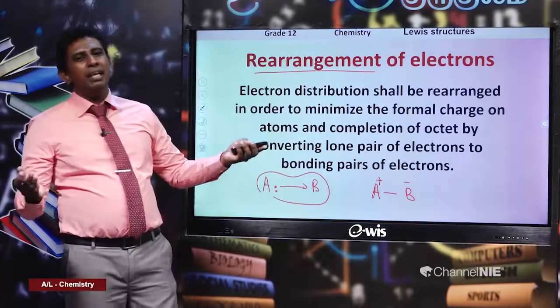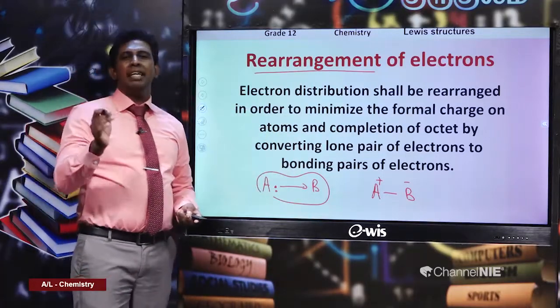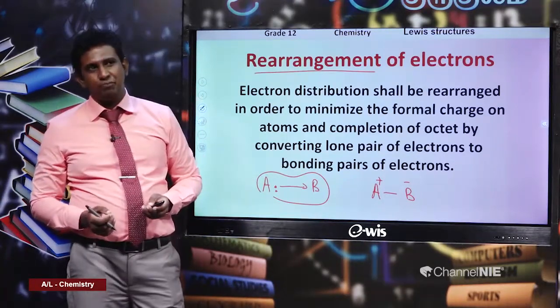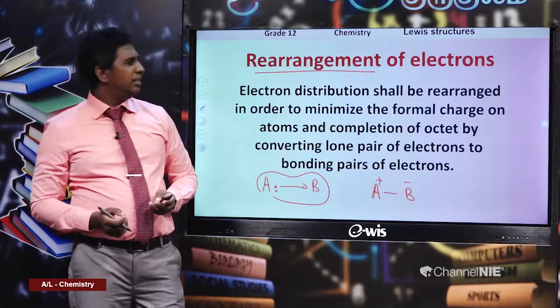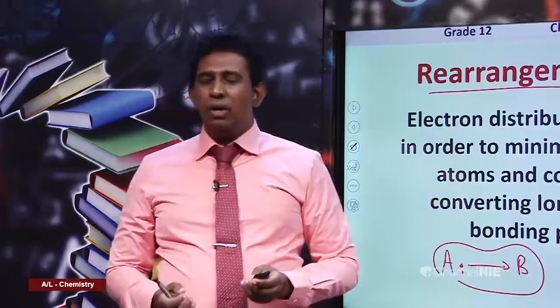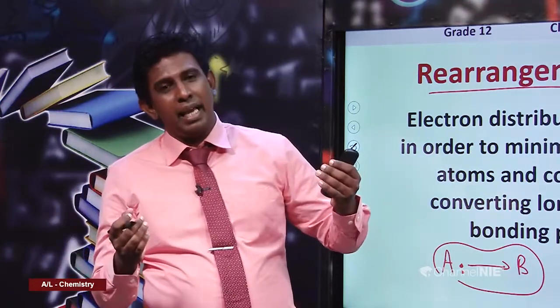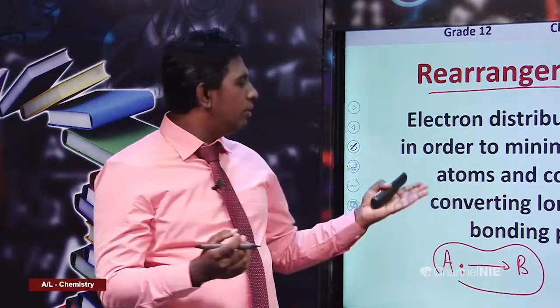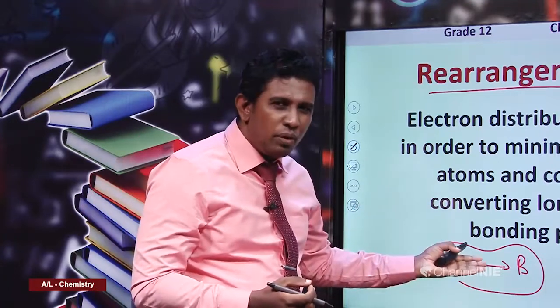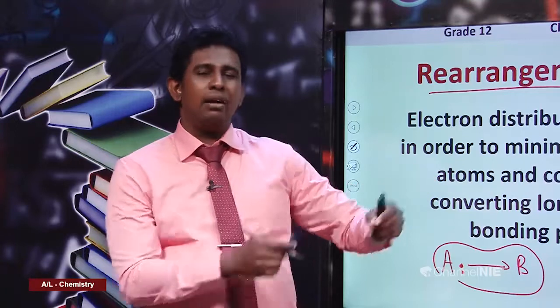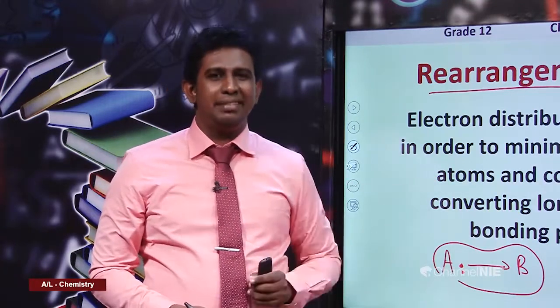That's what we are going to find out here, regarding dative bonding. If one atom is carrying a lone pair, only then could it give that pair to form a dative bond. The other atom needs to have an empty atomic orbital.